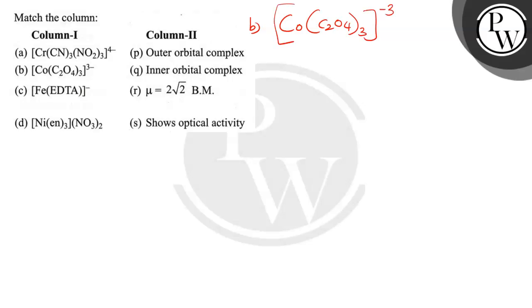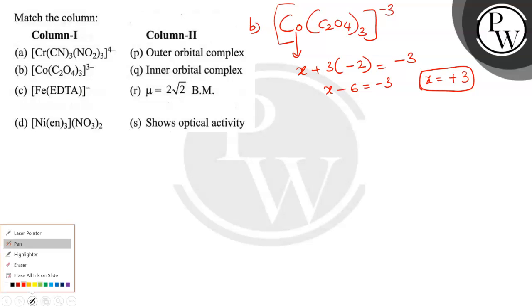So a cobalt central metal atom and its oxidation state: X plus 3 into oxalato C2O4 minus 2, so minus 2 is the oxidation state, and that is equal to minus 3, which is the charge on the complex. X minus 6 is equal to minus 3, and X is equal to +3. So cobalt is in +3 oxidation state.